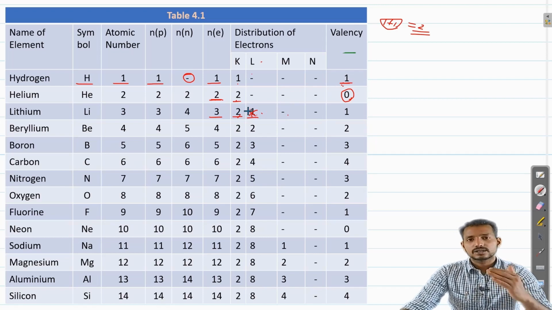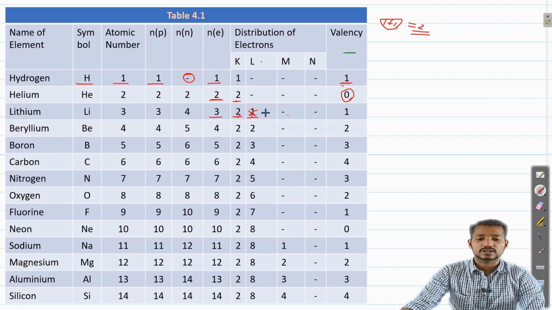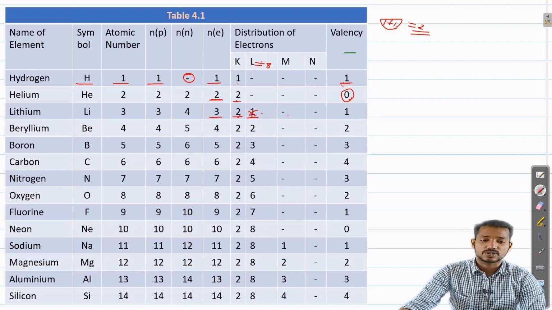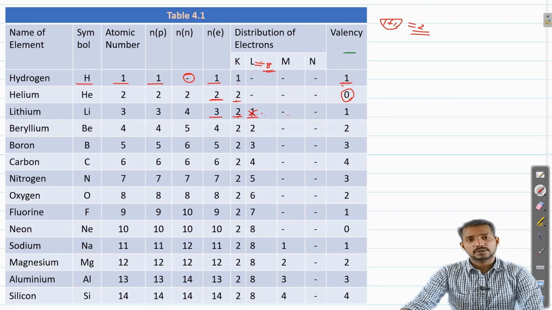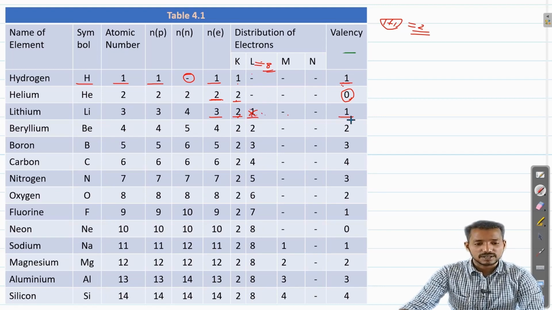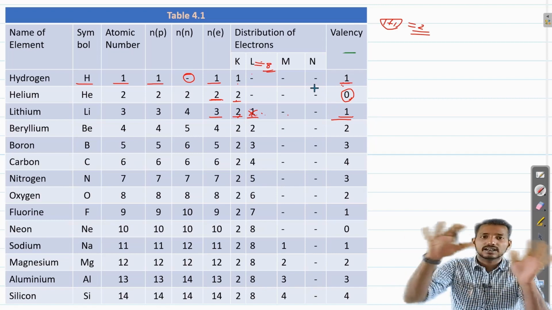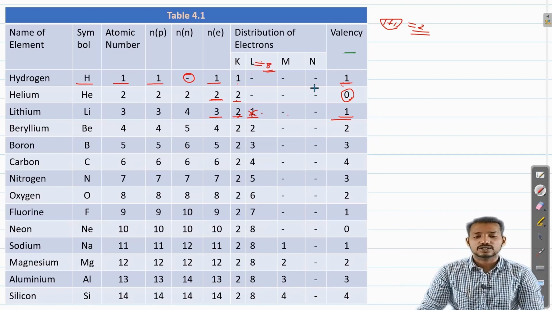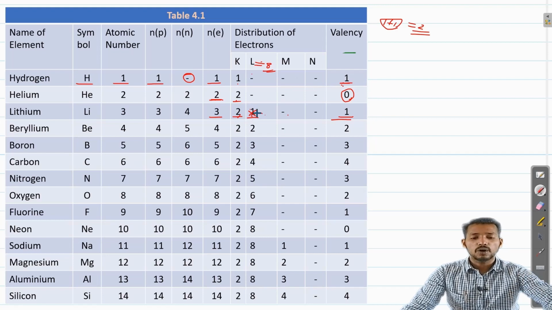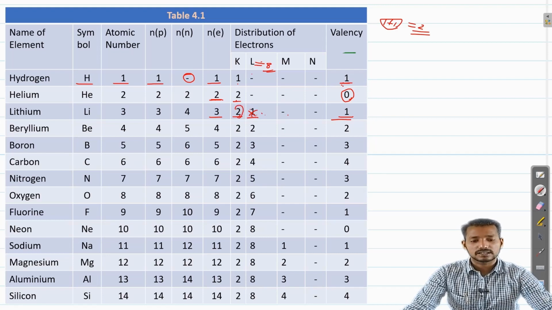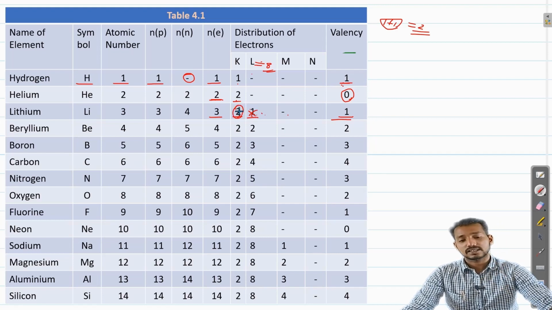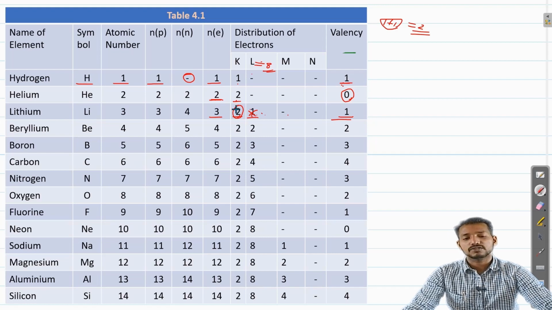Obviously, removing one electron is easier than adding 7 more electrons to get 8 electrons in the L shell. Am I right? So its valency becomes 1. It will not go for adding 7 electrons to get 8 electrons in the second shell. Instead, it removes 1 electron, so that the first shell, which is already completely filled, is stabilized.